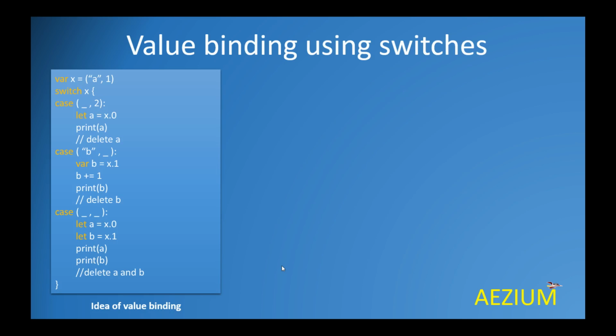The idea of value binding using switches is shown here. So we start with our switch parameter, which is declared above. Notice that in this case we're using tuples for our switch parameter.